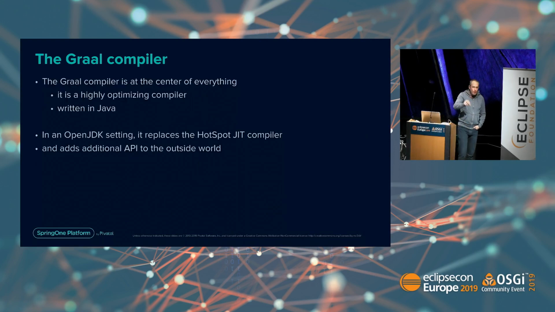At the center of all that, and that's what the name GraalVM really comes from, is a highly optimizing compiler. This compiler can compile, for example, Java bytecode into super highly optimized assembly code and machine code. That's maybe not super new, because if you're running OpenJDK or the HotSpot Java virtual machine, there are already compilers doing that, right?